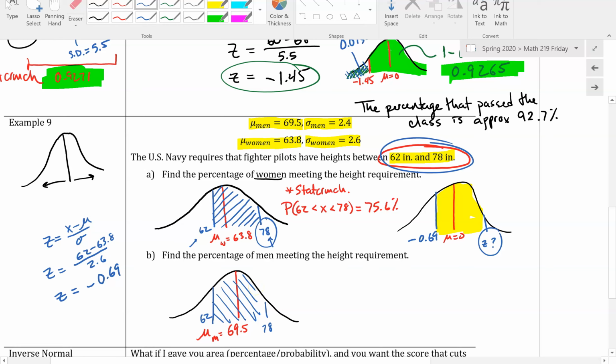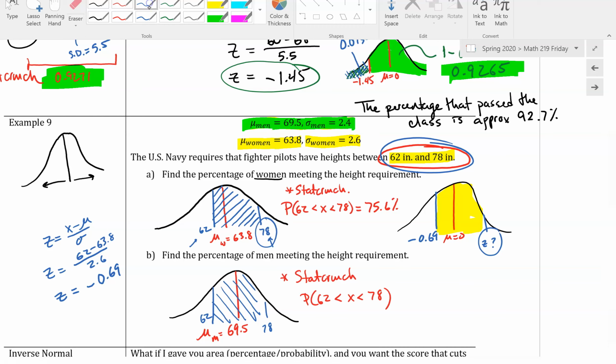Again, you have two options. StatCrunch, which is what I want to use, and find the probability of getting the height of some male to be in between 78 and 62 based on that mean and standard deviation.